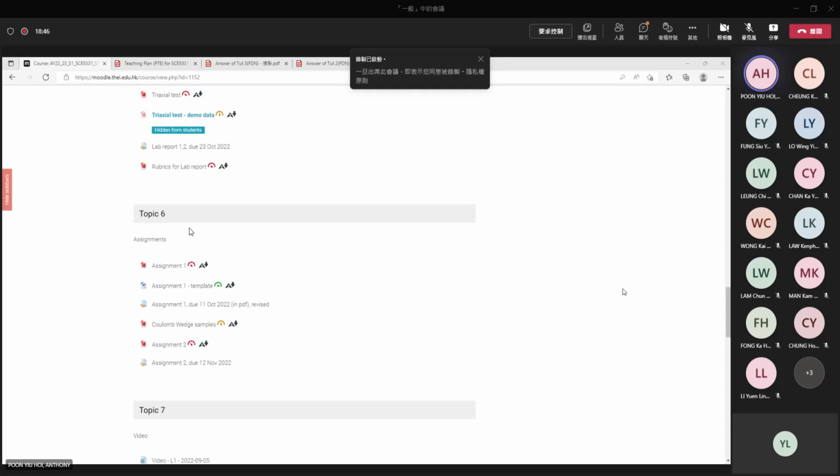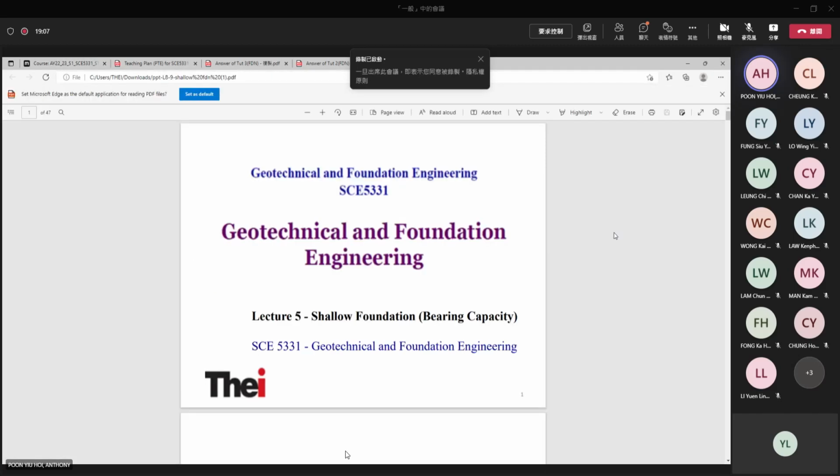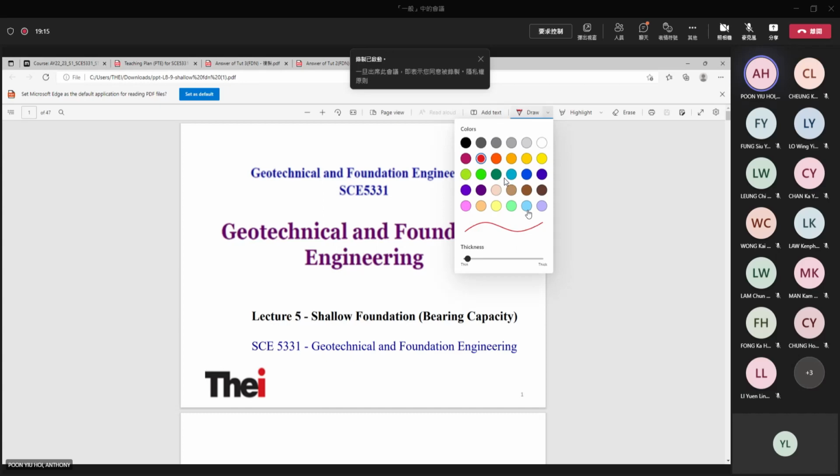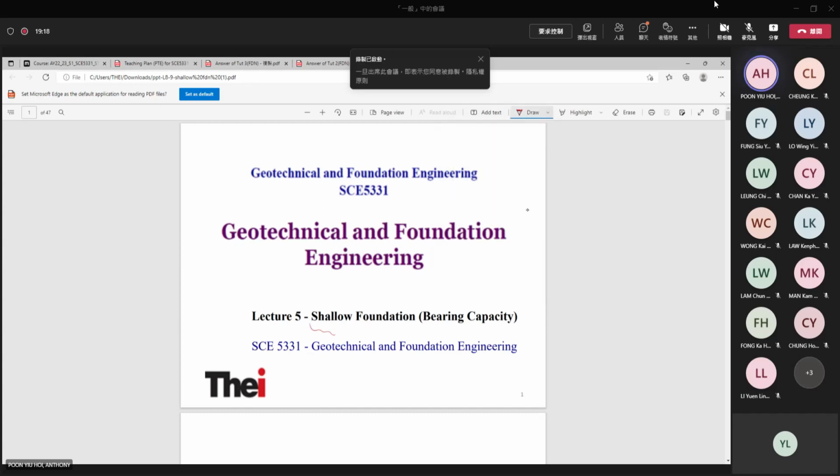Recording has started. So we'll move on to our next chapter, which is the foundation design, or to be specific, the shallow foundation. We start with shallow foundations, or sometimes we call it bearing capacity.